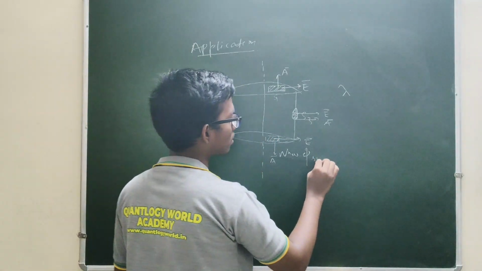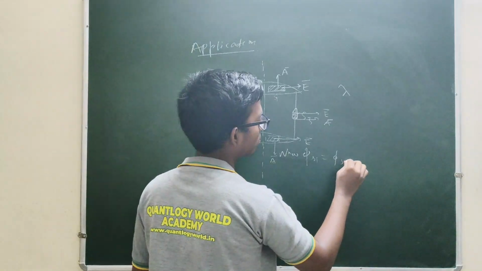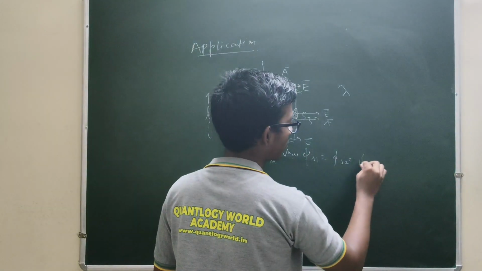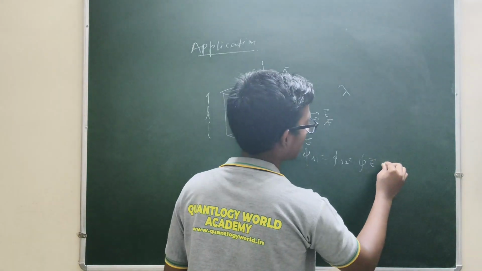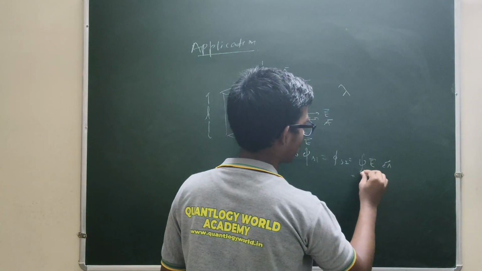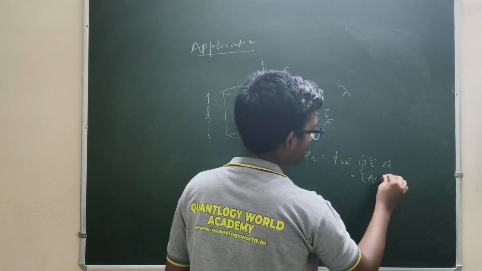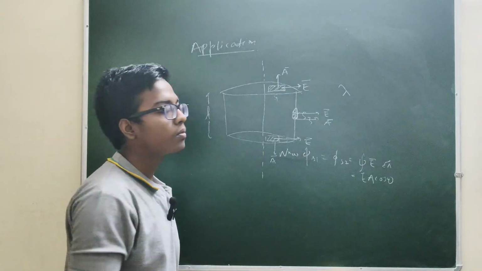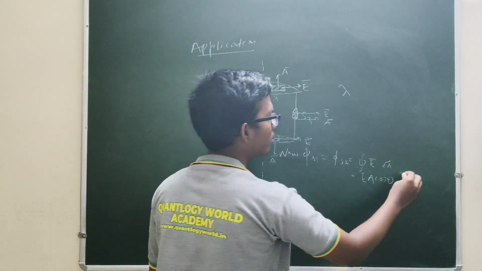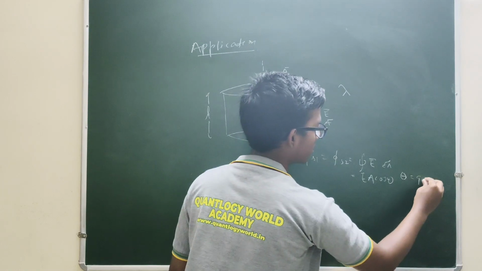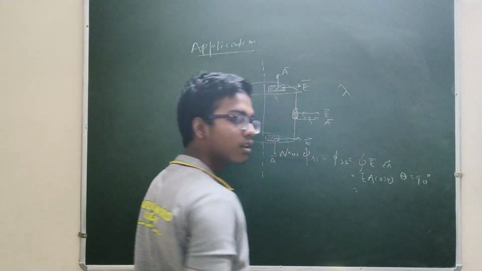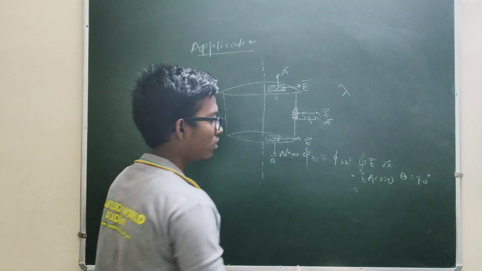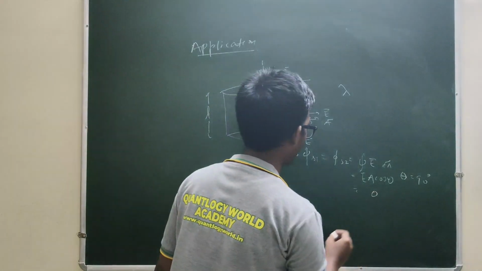So flux through S1 and flux through S2 will be closed integration of E dot dA equal to EA cos theta. Since electric field and area vector are perpendicular, the angle between them will be 90 degree. And we know that cos 90 degree equal to 0, so flux equal to 0.